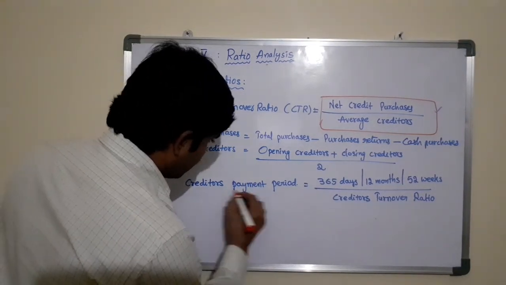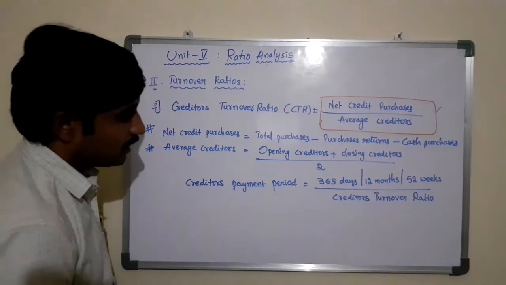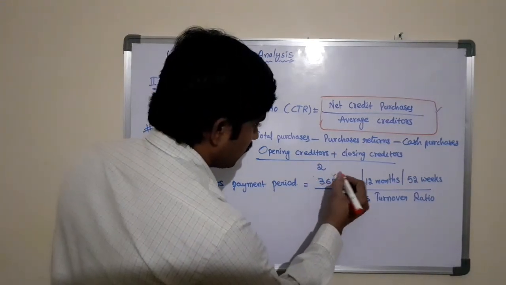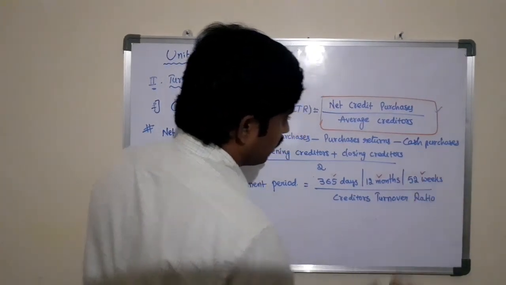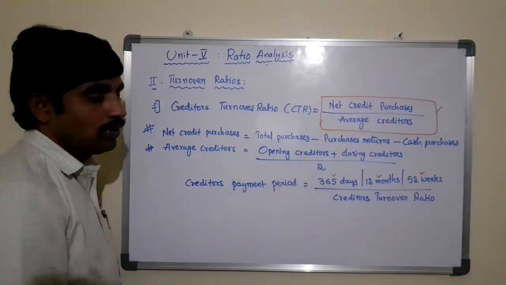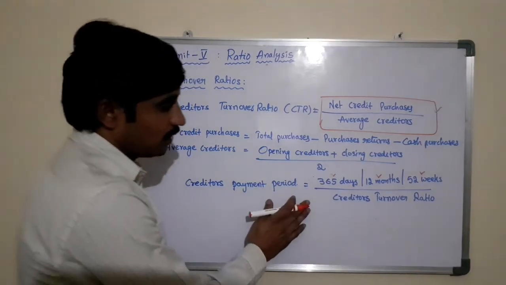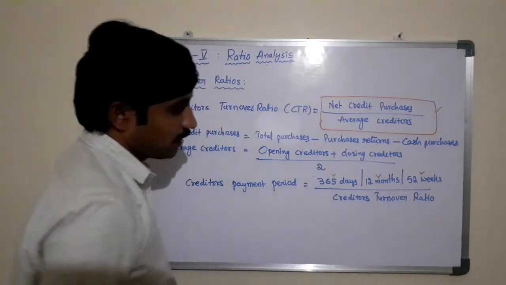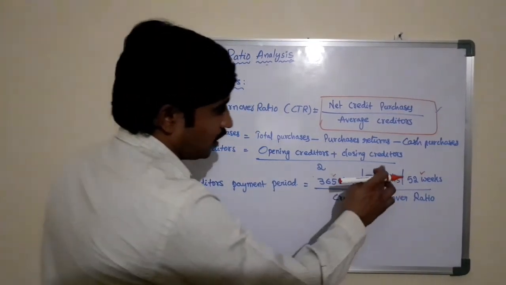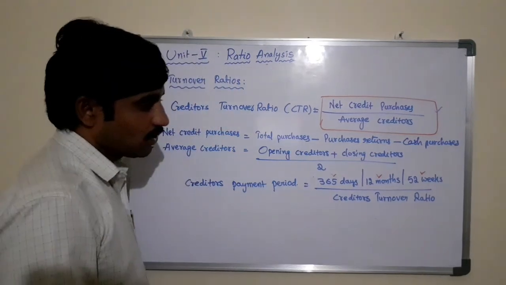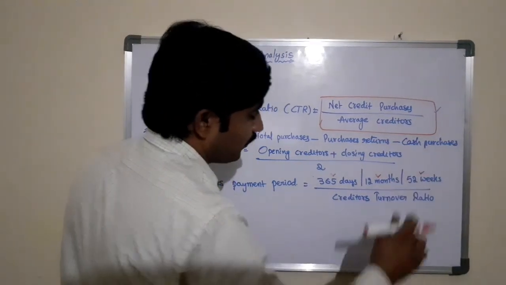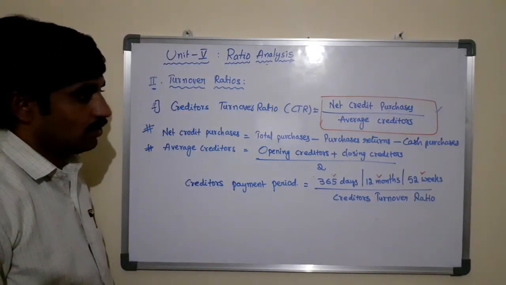The creditors payment period is measured in days or months or weeks based on the denominator. So based on the interest of the business, we can use 365 days by creditors turnover ratio, or 12 months by creditors turnover ratio, or 52 weeks by creditors turnover ratio.